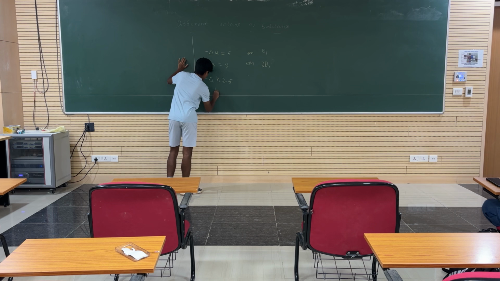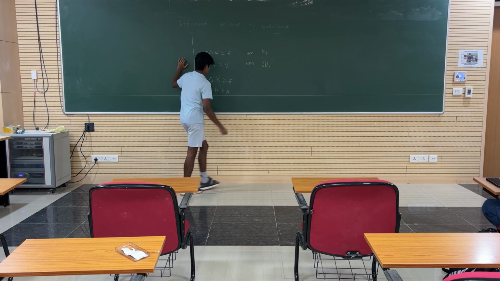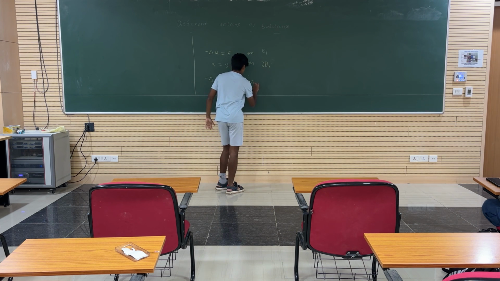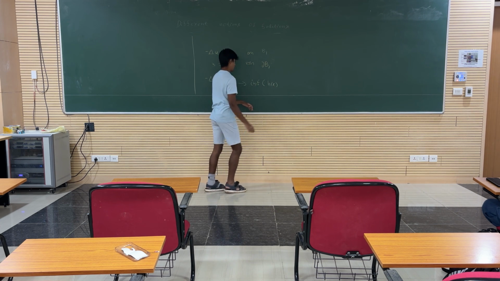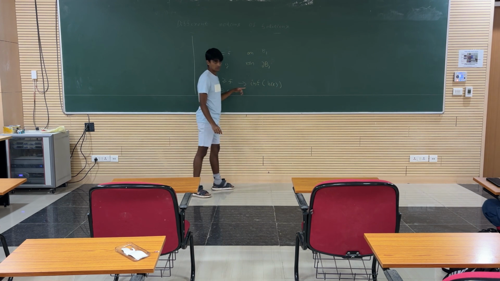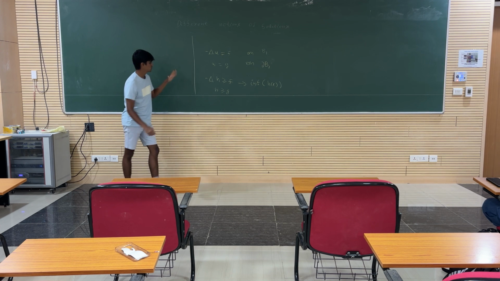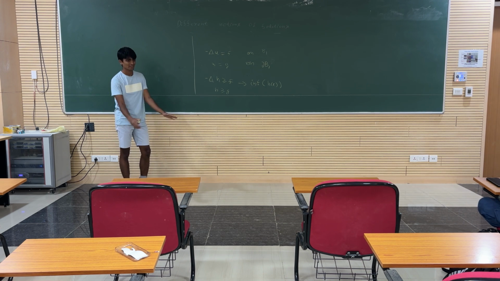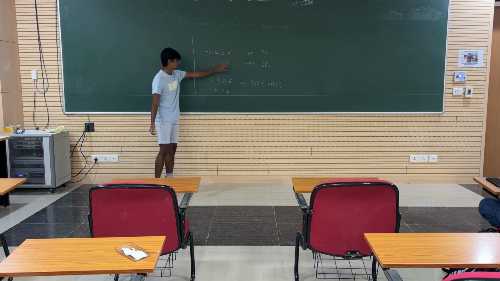And h is greater than or equal to g, and I'll take the infimum of such h at each point, and somehow that turns out to be a solution. You need to have nice assumptions on f and g, but it turns out to be a solution.